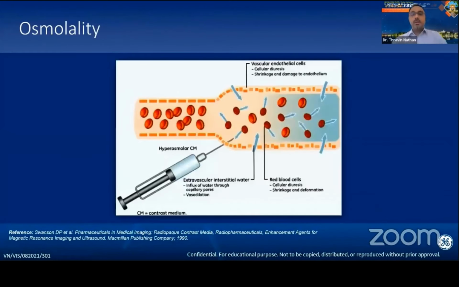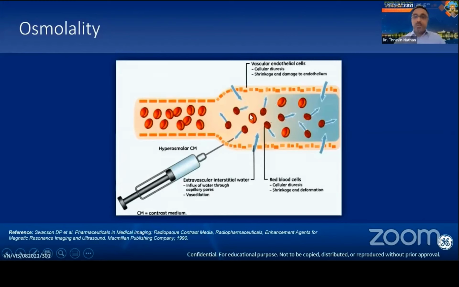Now let's take a look at this diagram, which illustrates what happens in our circulatory system when we inject a hyperosmolar contrast media into our bloodstream. So when this happens, it brings about a physiological movement in fluid. And it results in change in the structure of the vascular endothelial cells, enabling shift of fluids from extracellular space into the vessel.